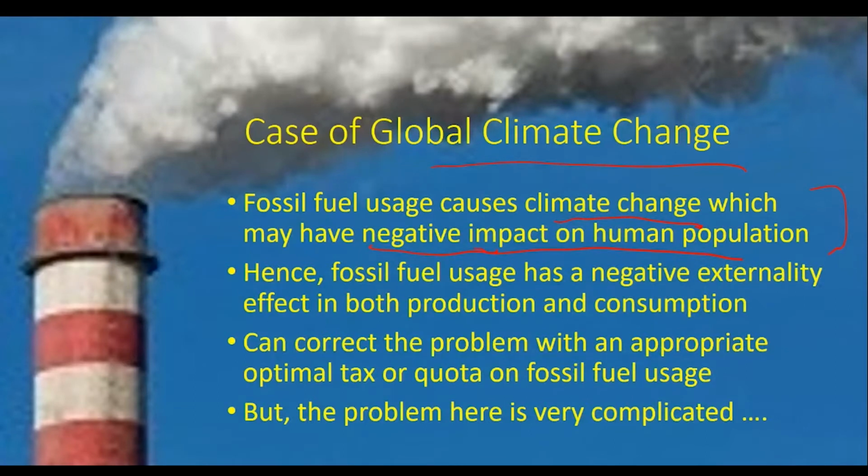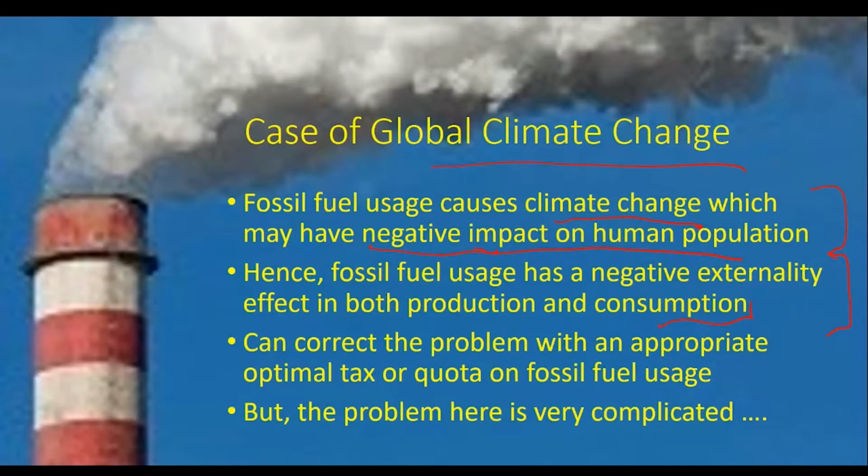Next, though, comes what do we do about that? And what are the economics of that particular issue? Well, the first thing to point out is that fossil fuel usage is clearly creating a negative externality effect. And it's coming about from both production, production of electricity using coal or oil or gas, which is emitting carbon dioxide into the atmosphere, no doubt about it.